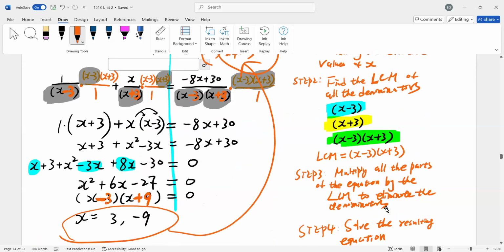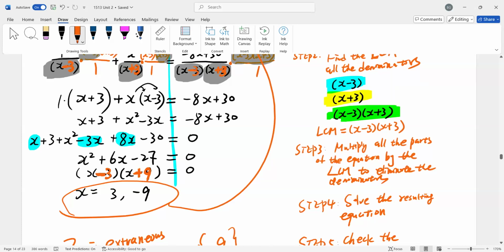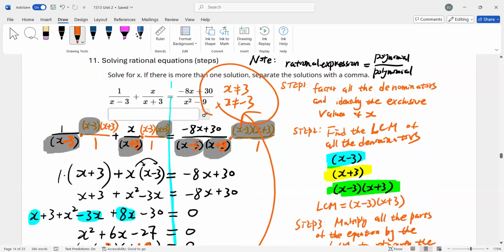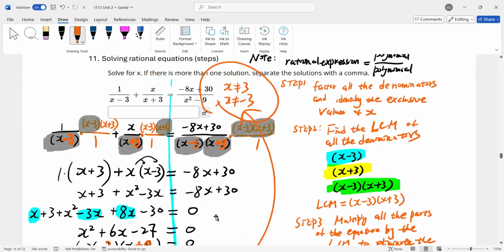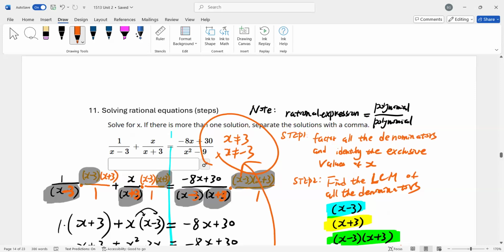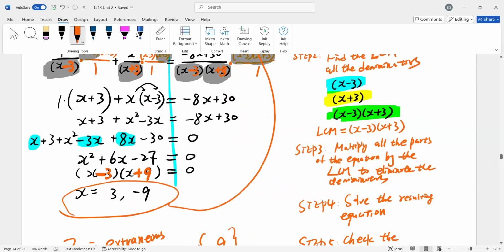However, in step 3, when we get rid of the denominators and get the resulting equation, this quadratic equation, we removed that restriction. When we remove that restriction, the domain is expanded. There's no restriction for this quadratic equation. Any x would make the quadratic equation meaningful or well-defined.